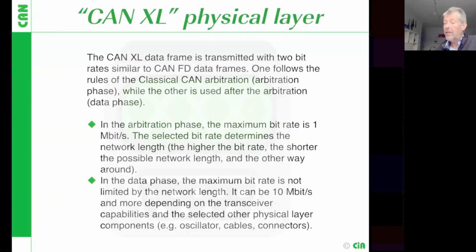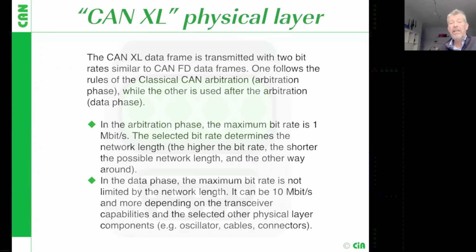So let's talk a little bit about the CAN XL physical layer. To make it clear, the CAN XL data frame is transmitted with 2 bit rates similar to CAN-FD data frames. There's no bitrate switch, it is always a bitrate switch. One follows the rules of the classical CAN arbitration.